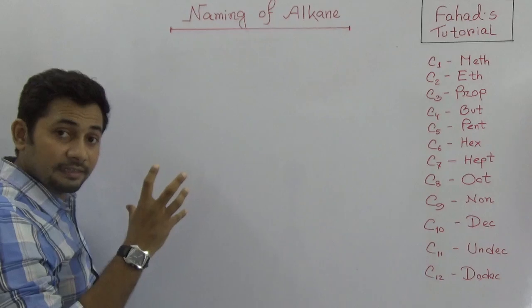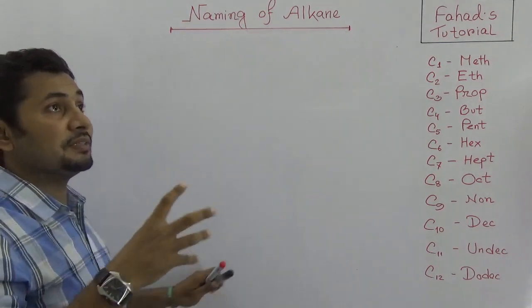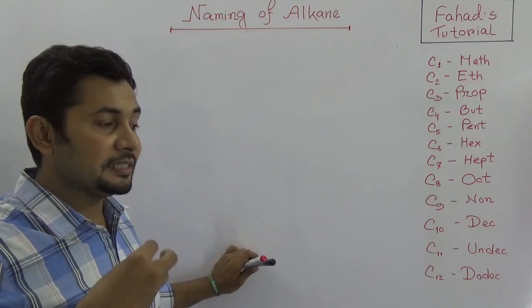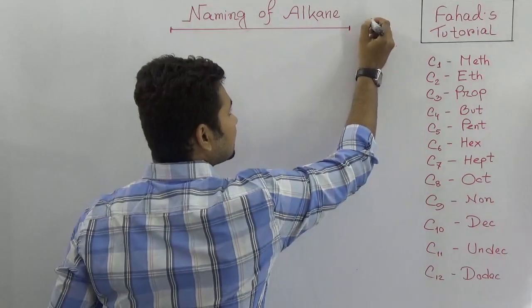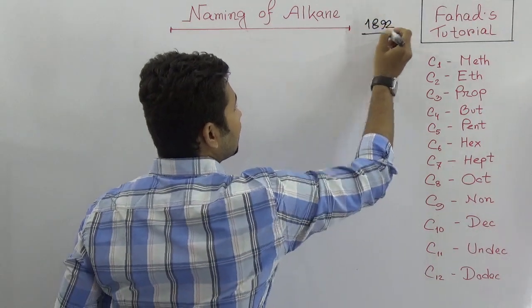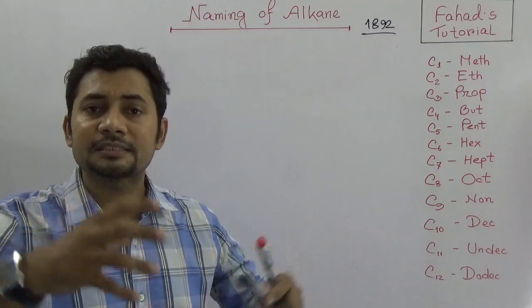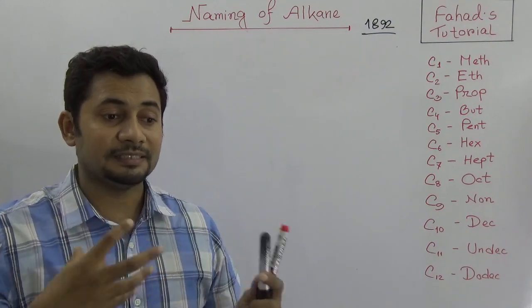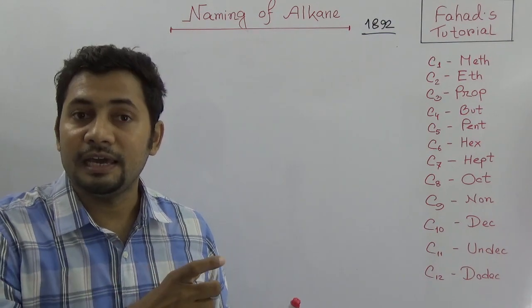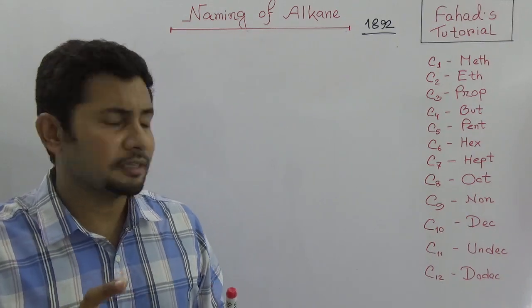So think about it, naming of alkane. We know that this is actually a systematic process that has been designed back in 1892. Back in 1892, in Geneva, Switzerland, there was a conference with all sorts of chemists, and they developed a system to name these sorts of aliphatic or aromatic hydrocarbons or organic compounds.